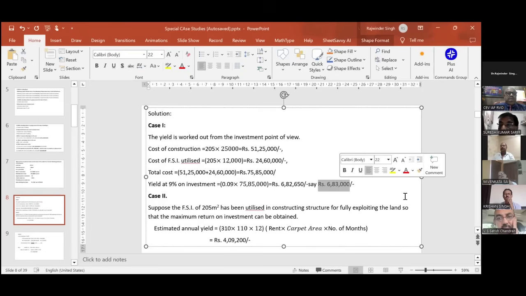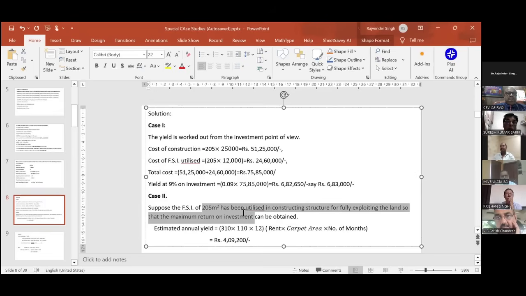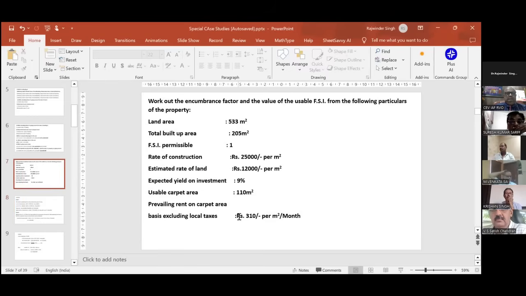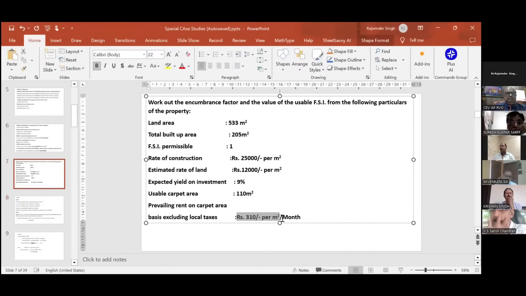But if you calculate it from a rental point of view, which is also given to you in the data, here we will assume that FSI 200 square meter has been utilized, constructing the structure or fully exploiting the yield on the maximum return of investment. So estimated annual yield will be, see here, rent is given to you, rupees 310 per square meter per month.